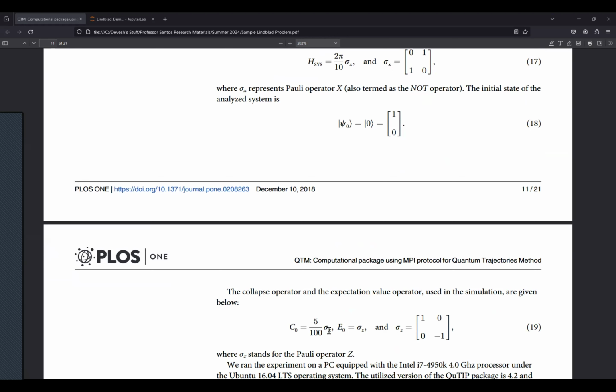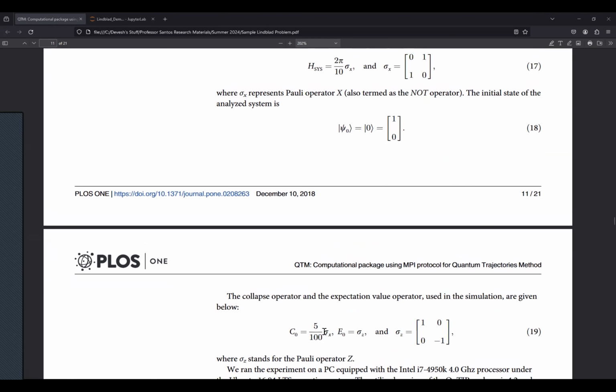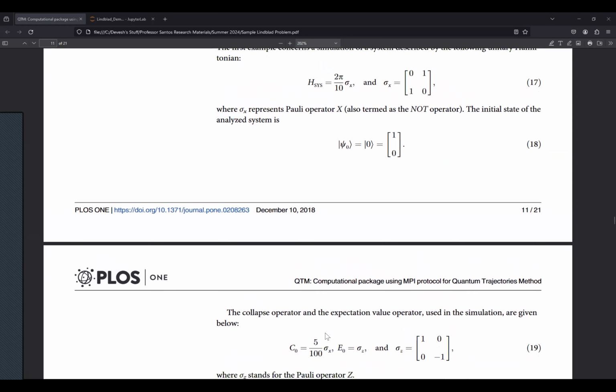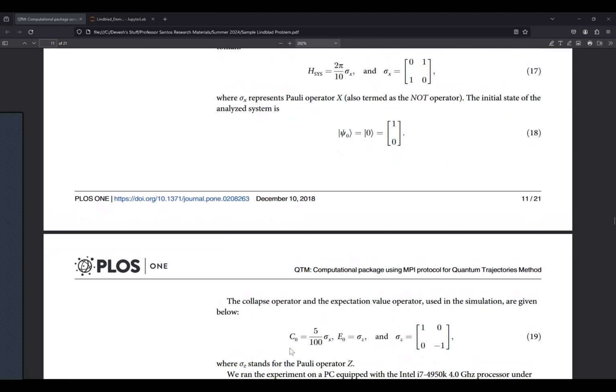But why then are we showing sigma z there? I don't understand. The system Hamiltonian is sigma z or sigma x? Sigma x. Okay, so system Hamiltonian is sigma x. And the C0 is also sigma x. And what is this E0? Well, I think it's one way to represent it, but I'm not sure.